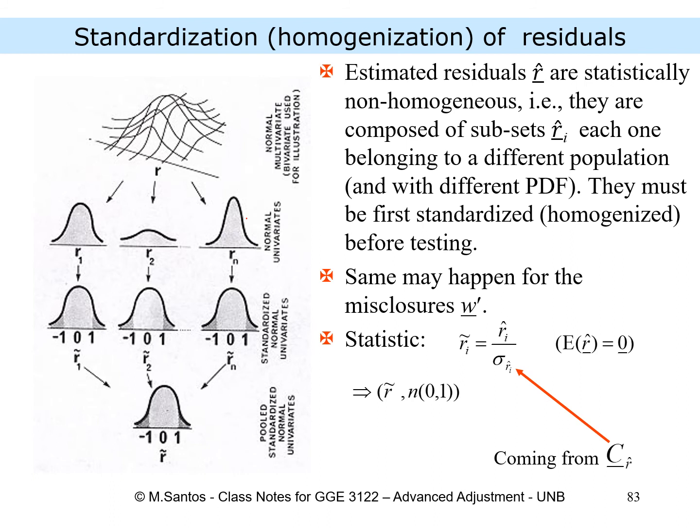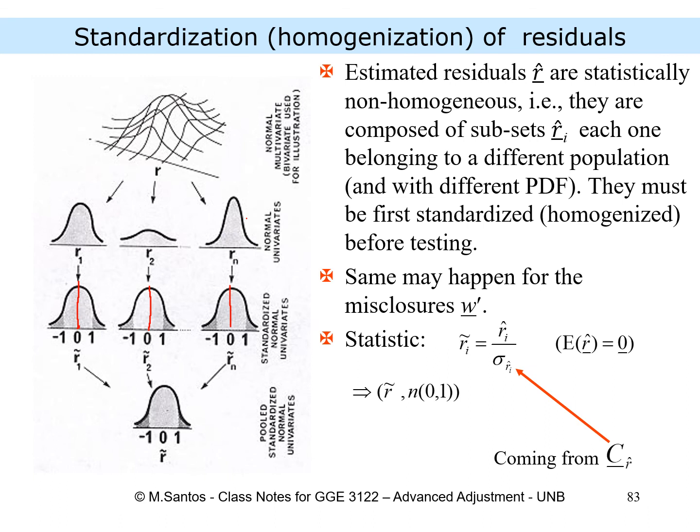The PDF of each individual residual will be different. That's why you have to standardize. When we standardize the residuals, we make all of them have the same mean 0 and standard deviation of 1, which means they are homogeneous.